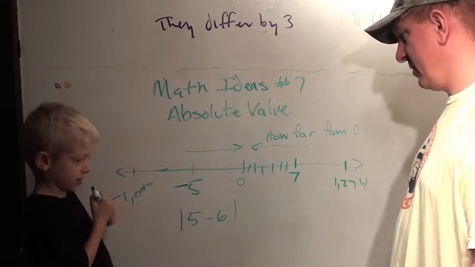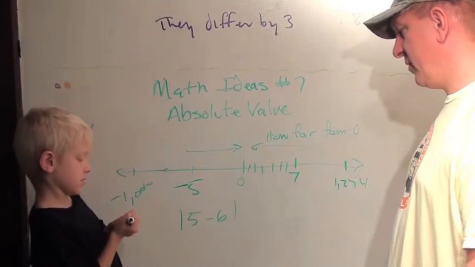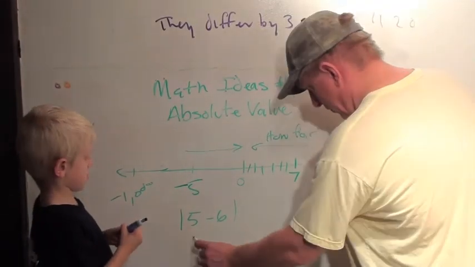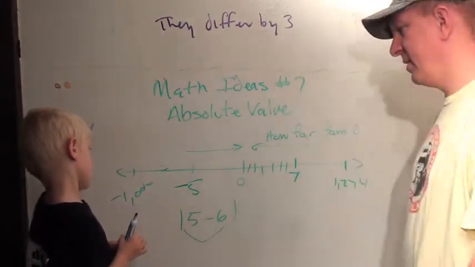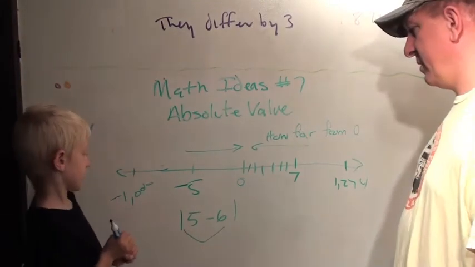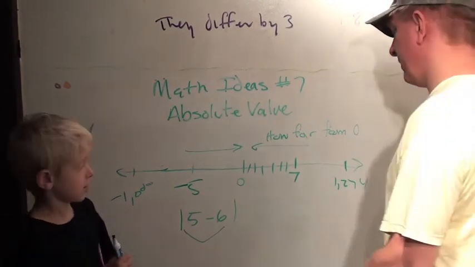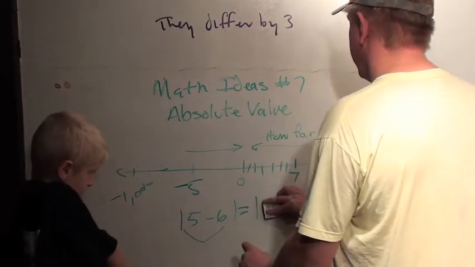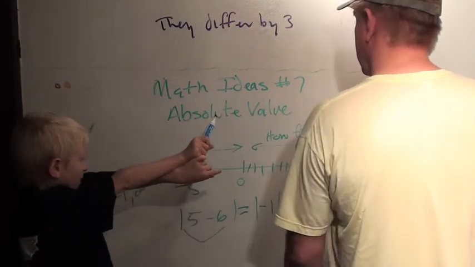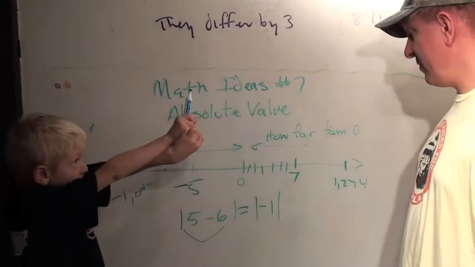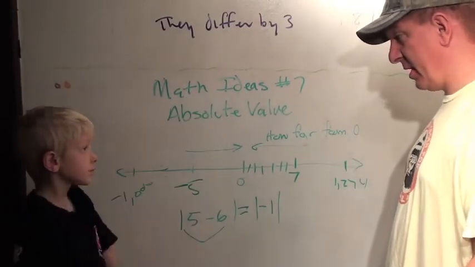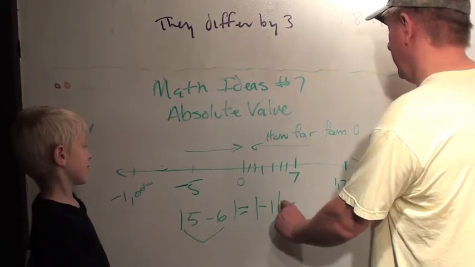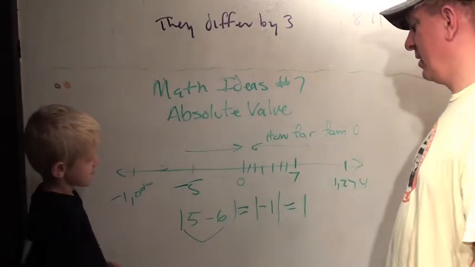Well, first you have to figure out what is 5 minus 6. 5 minus 6 is minus 1, so this is the same thing as the absolute value of minus 1. So the absolute value of 5 minus 6 is the same as the absolute value of minus 1, and that is? Just 1. Okay.